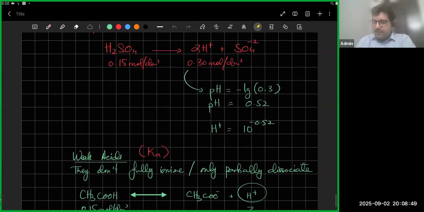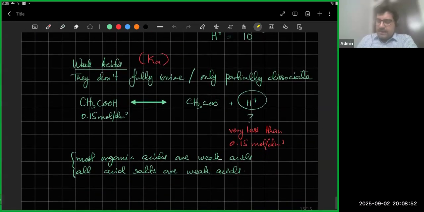So now what we're going to discuss is weak acids. When you have weak acids like organic acids, the problem with weak acids is that they partially ionize. They're going to produce ethanoate ions and H+ ions, but they're going to weakly ionize.